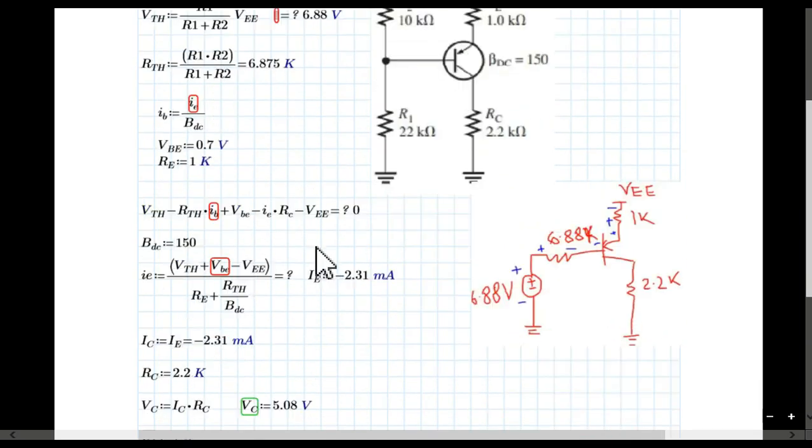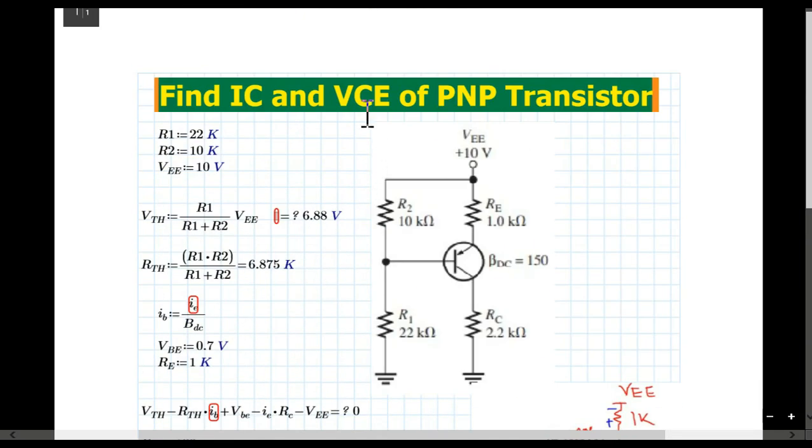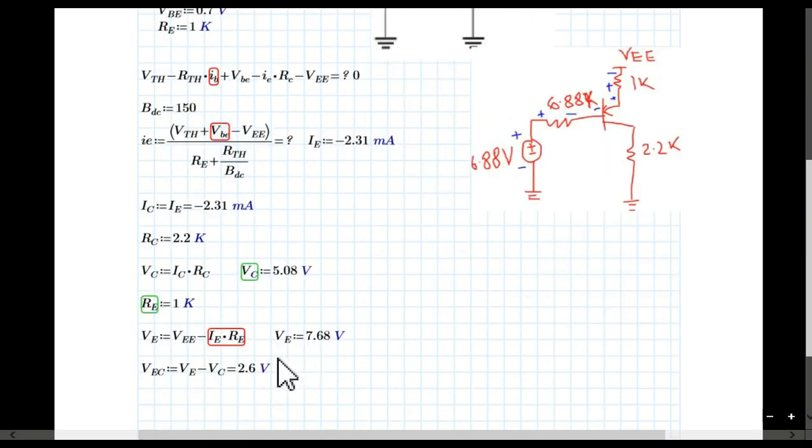If you find the VCE, that value becomes negative, minus 2.6. If you find VEC, that value becomes positive, and that is 2.6. Now you have the value of IC, which is 2.3 milliampere, and the value of VEC, which is 2.6 volt.